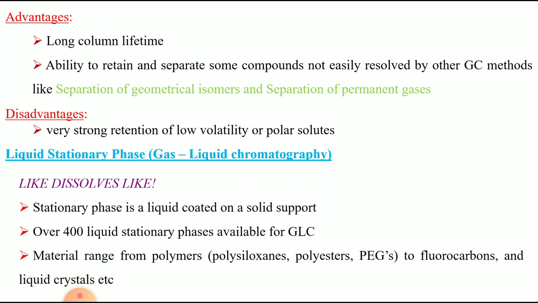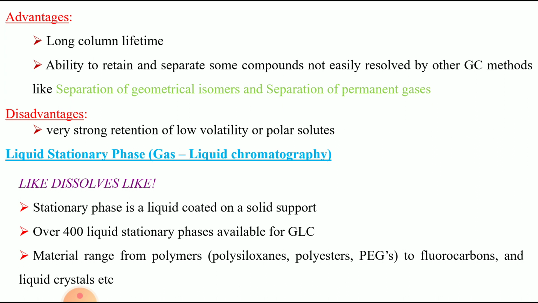Advantages of these solid adsorbents: they have long column lifetime, and the ability to retain and separate some compounds which are not easily separated or resolved by other GC methods, for example the separation of geometrical isomers and permanent gases. We can separate these isomers and gases by using gas solid chromatography only.